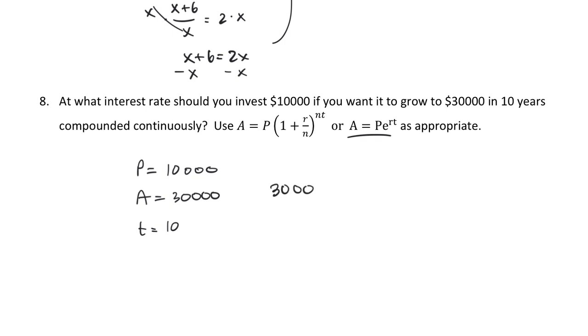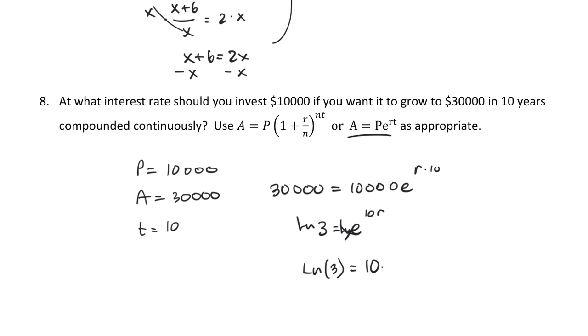So future amount is equal to the initial amount, base e, to the unknown interest rate R, times 10 years. So divide by 10,000 on both sides. And now we use a natural log on both sides, because remember natural log cancels base e.